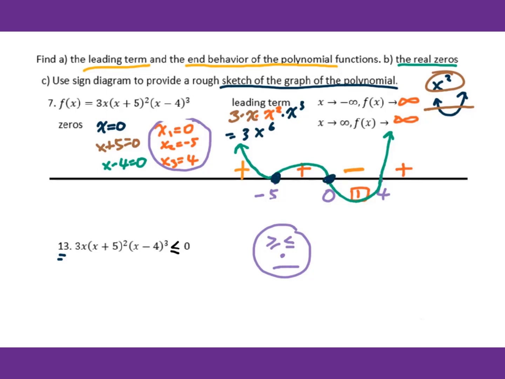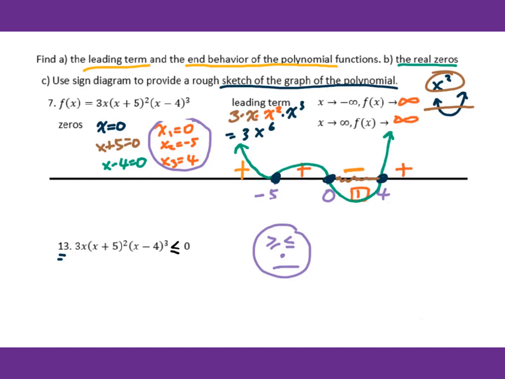So we put a closed circle for each zero. Less than or equal to means negative. Therefore, only this part will be the solution.